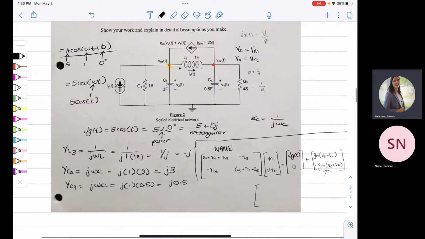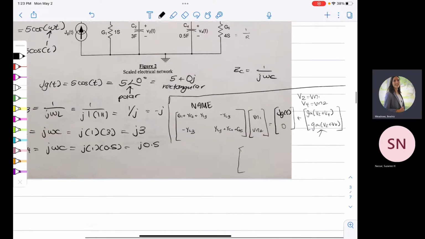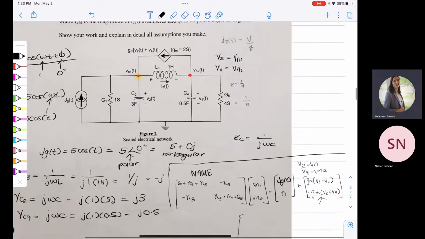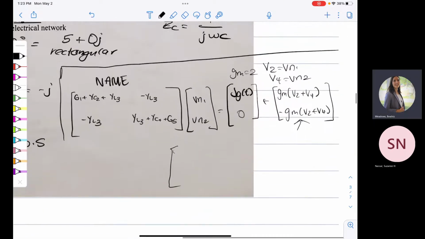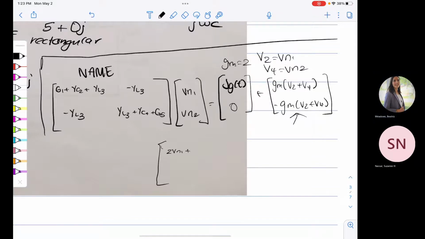Remember, we said that V2 is equal to Vn1, and then V4 equals Vn2. And gm equal to... So how can we translate that? Right.